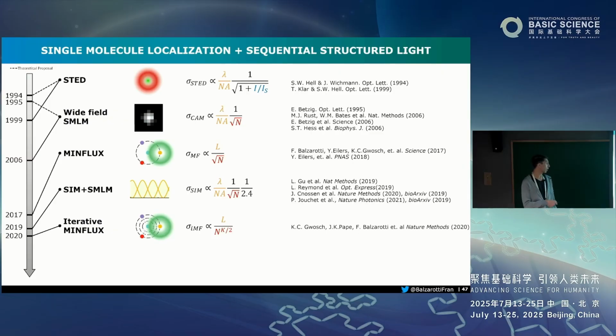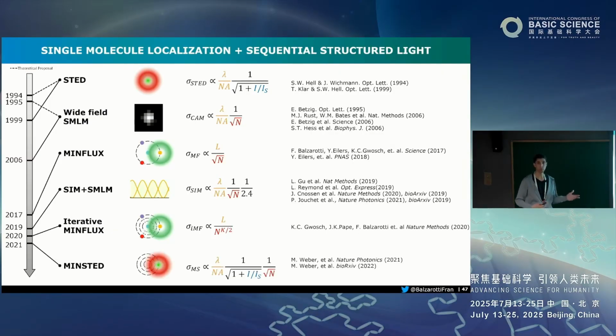And also iterative MINFLUX came in, and then MINSTED, which is basically MINFLUX with the effective PSF of STED microscopy, is as well there. And this is even outdated. There's other things coming up, not from this side necessarily, but achievements on what people are obtaining in terms of performance.